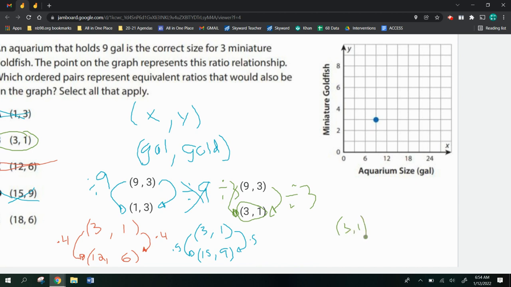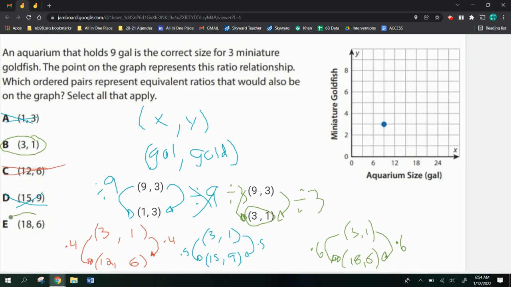3 comma 1 again. I'm comparing it with 18, 6. 3 times 6 is 18. And then I do the same thing over here. 1 times 6. This one does equal 6, so this is my second answer. I'm going to go ahead and plot these points on the graph just to get some more practice.